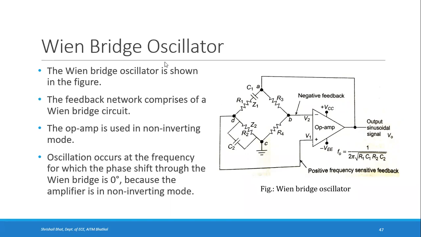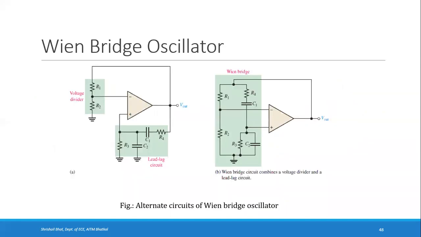Though this is the circuit diagram given in your textbook, there are actually different kinds of circuit diagrams for the same circuit. This is an alternate circuit for the Wien bridge oscillator, wherein you can see this is a non-inverting amplifier, and the feedback is given as the input to the non-inverting terminal.